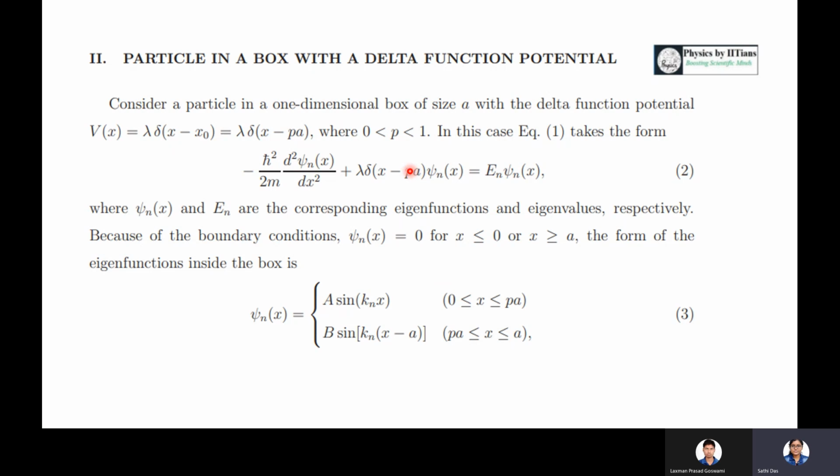So minus h cross squared by 2m d2 psi dx2 plus this delta function potential into psi equals En psi n of x. Whenever the potential is infinity, psi equals 0.